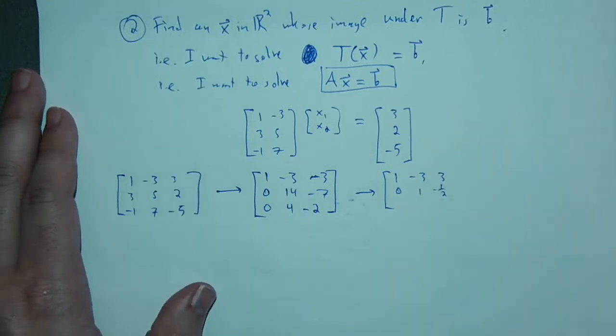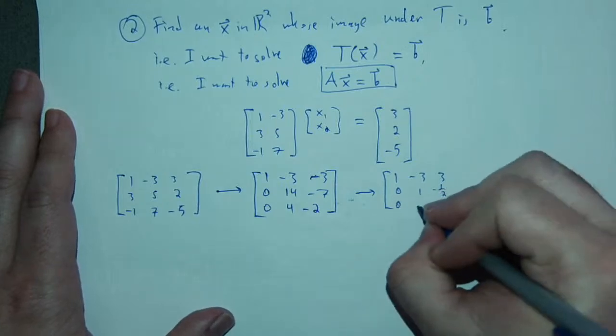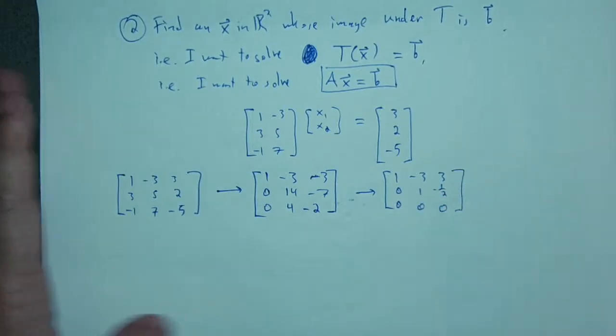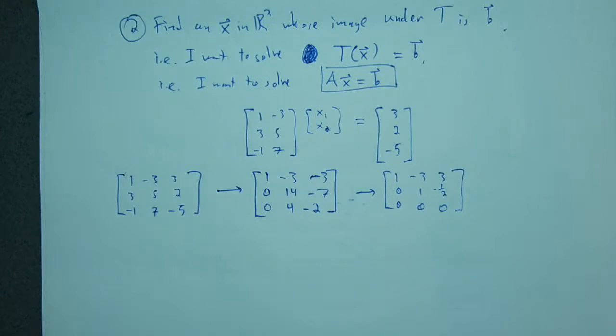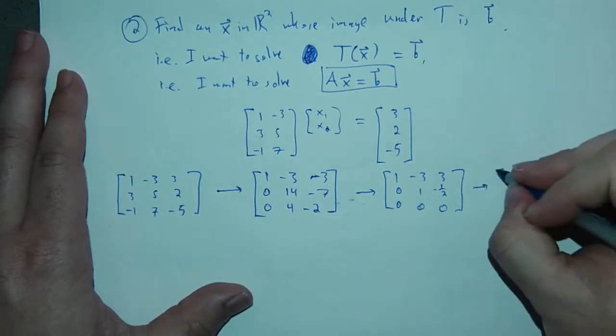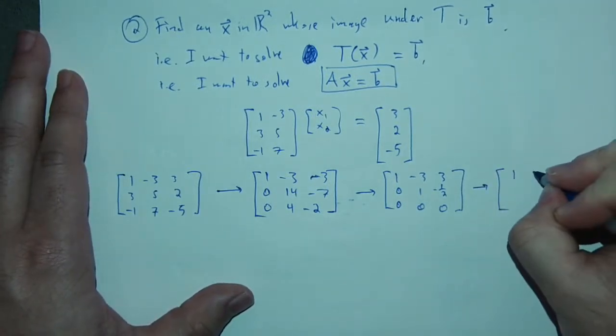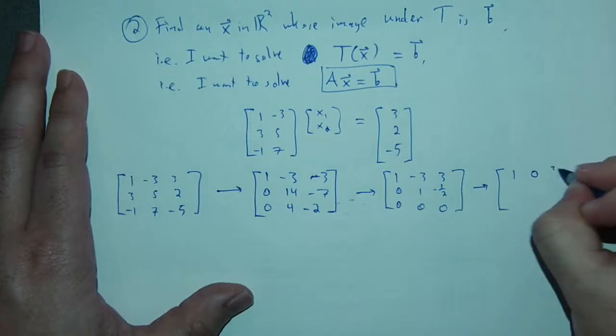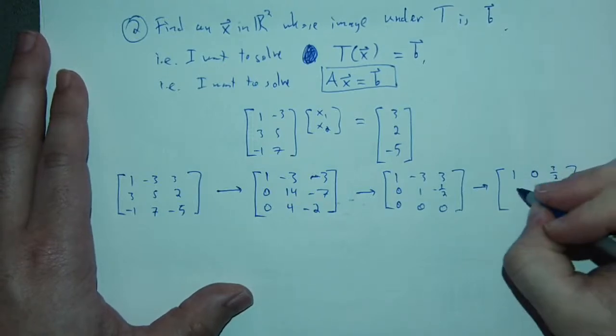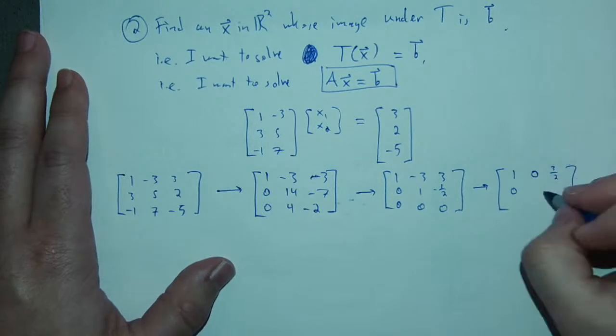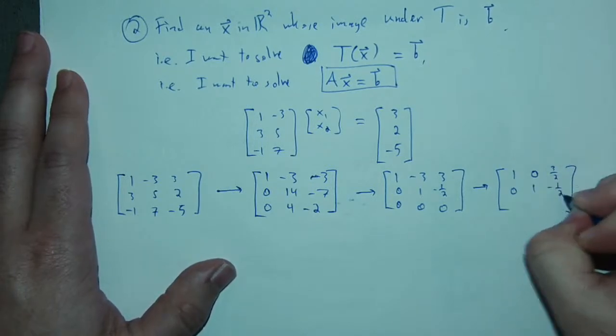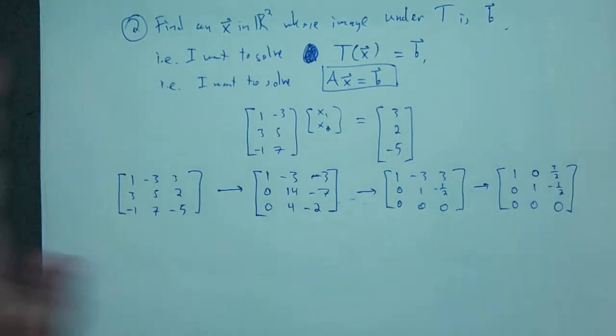That's minus 1 half, I guess. And then this actually zeroes out the bottom row entirely. I can keep going till this is in reduced row echelon form. So this is 1, 0, 3 halves, 0, 1, minus 1 half, and 0, 0, 0.